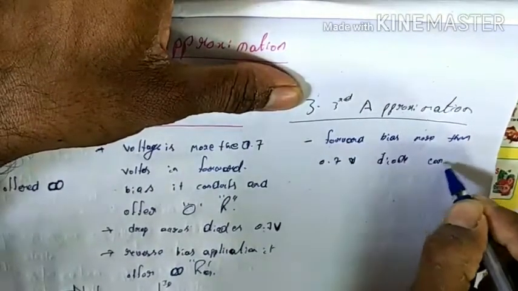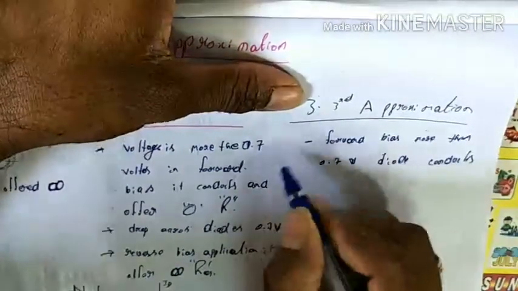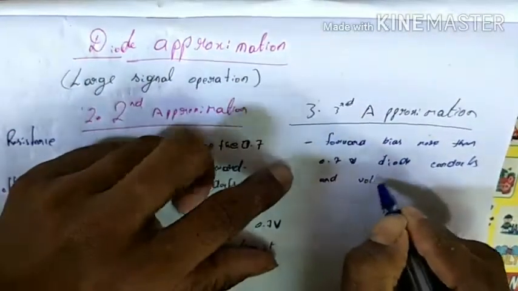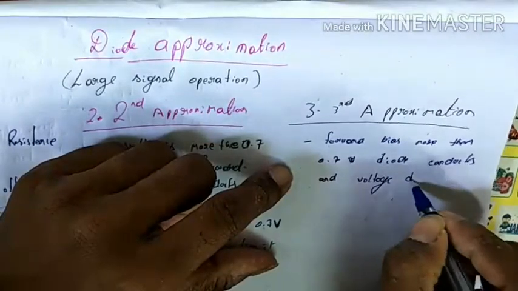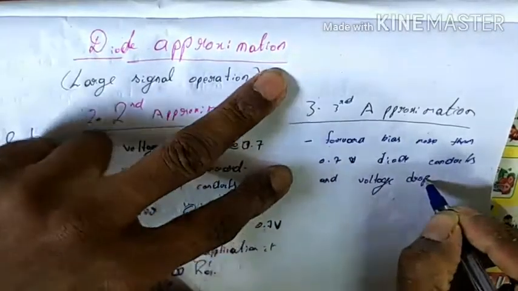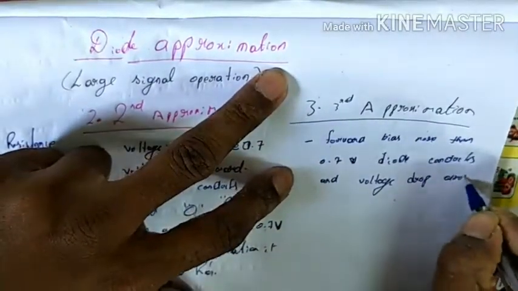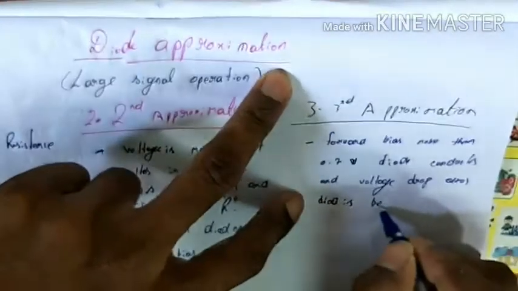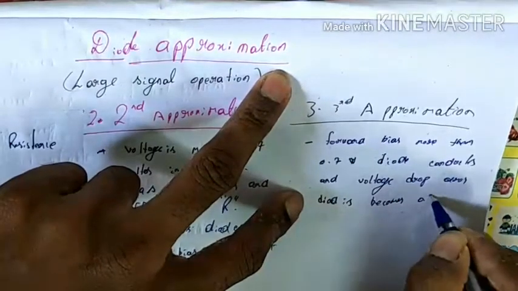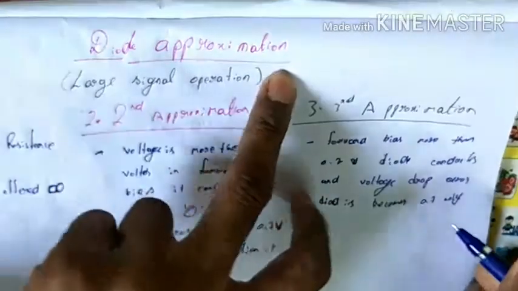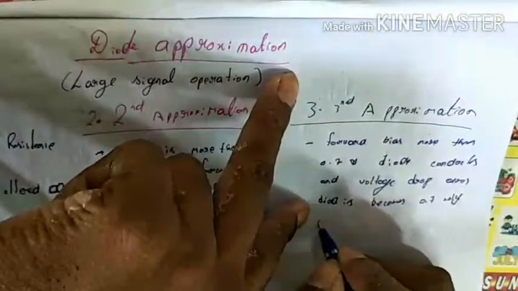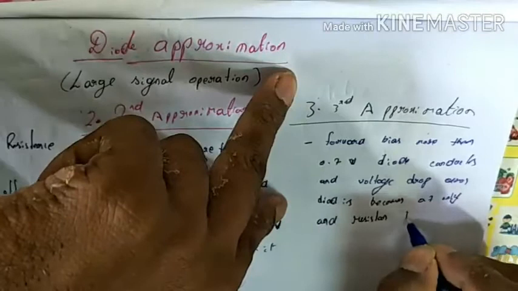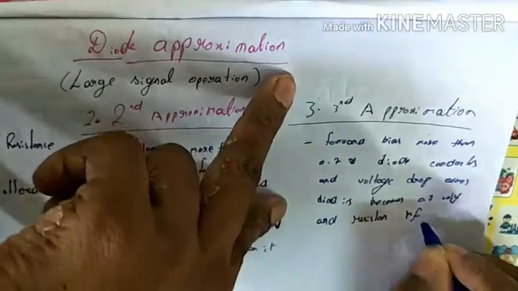The diode conducts and the voltage drop across the diode becomes 0.7 only, and the resistance is RF.